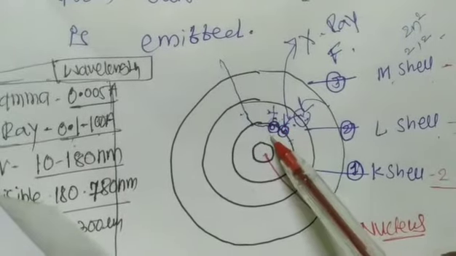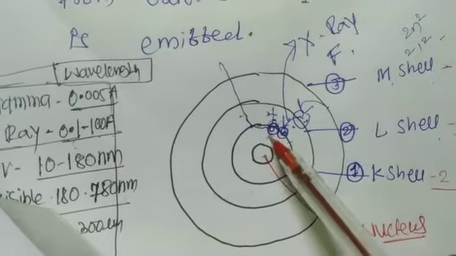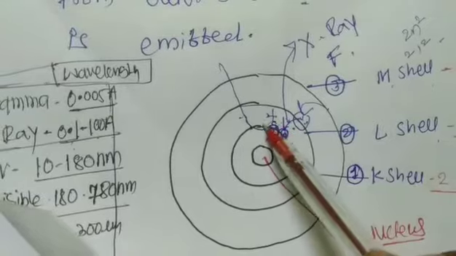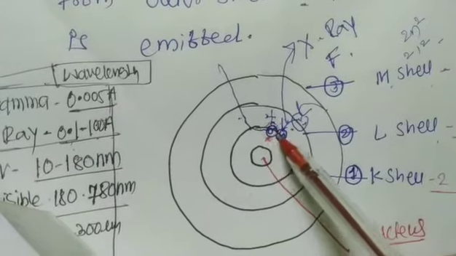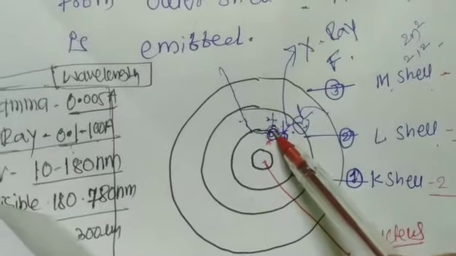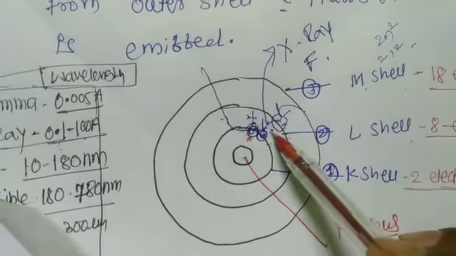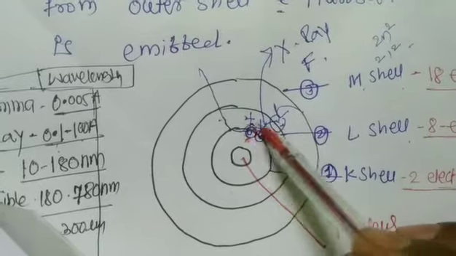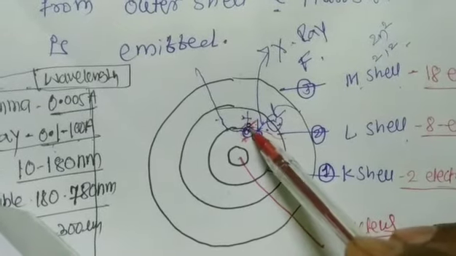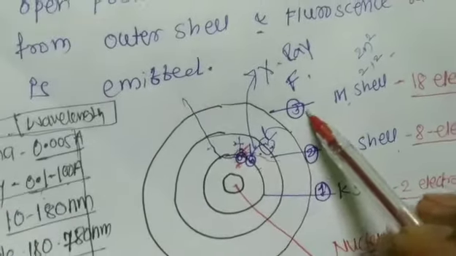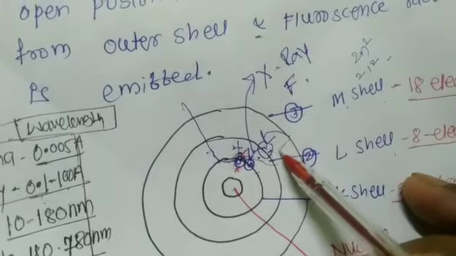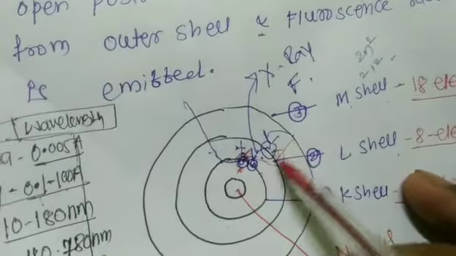When the X-ray falls, this electron is discarded. When this electron is discarded, an electron comes from the L shell to fill this vacant position, and again one electron from the M shell comes to fill this empty position. Here is the generation of X-ray fluorescence.